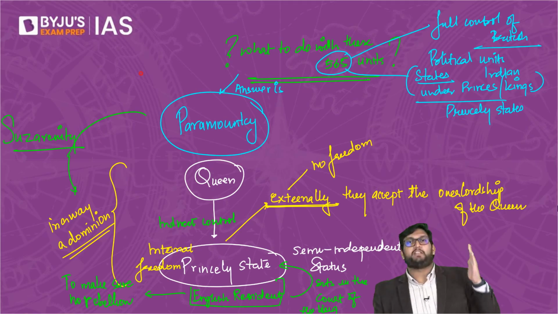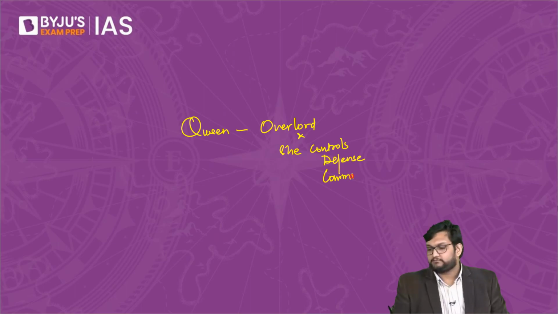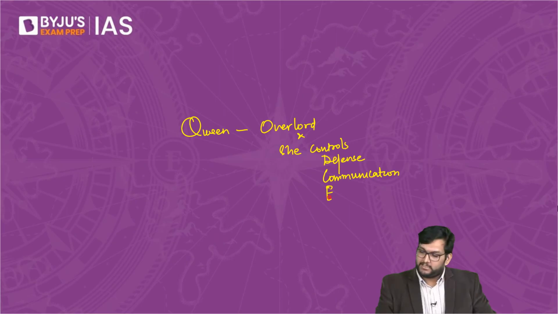Princely states are a suzerainty based concept in which the queen only indirectly controls. So the relationship is very simple, that the queen is the overlord and she controls defense, communication, and external affairs.